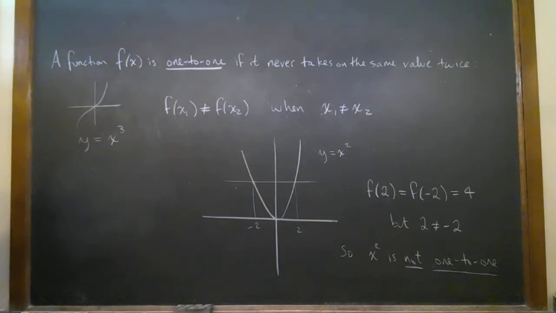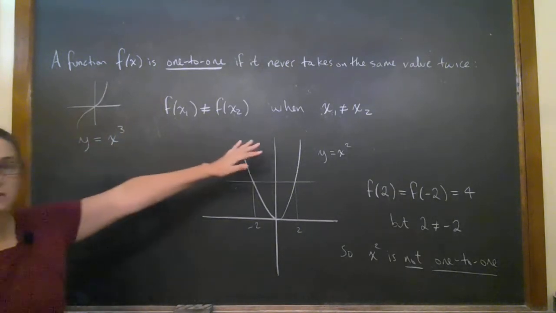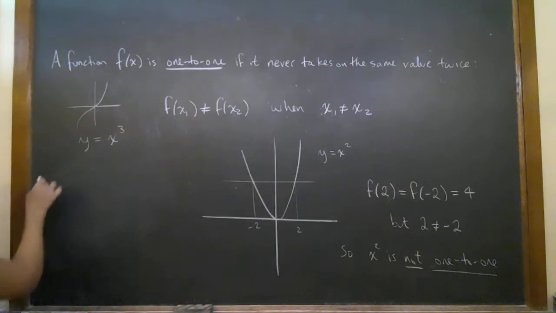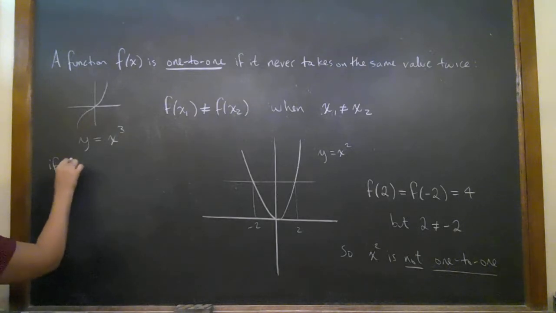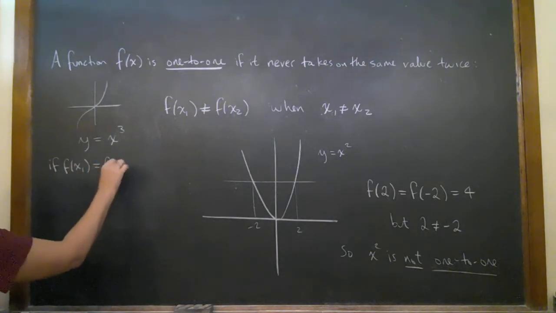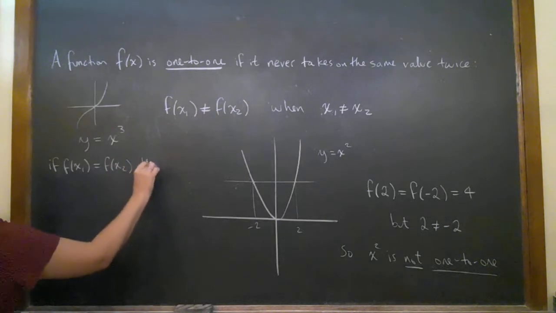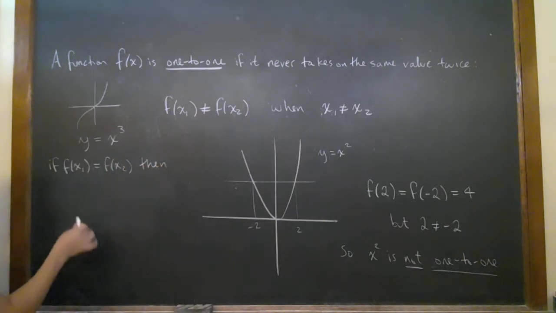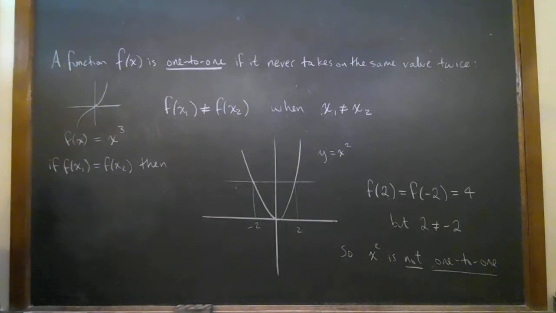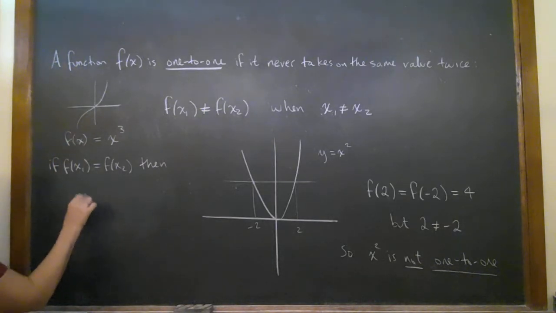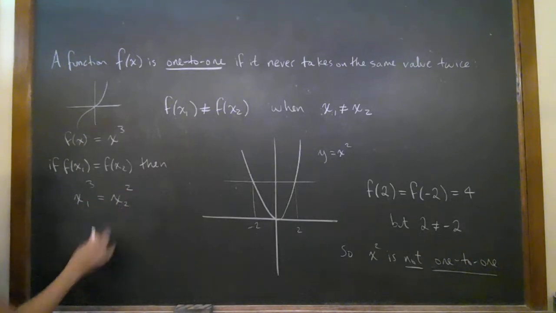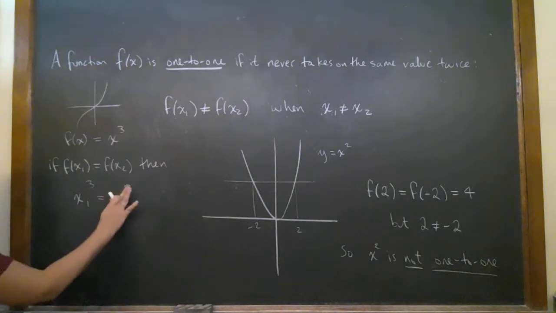What we can do is we can actually prove this statement very easily if we're just going to do if f of x1 equals f of x2, then, here we'll call it f of x, right? I should have written it this way. Sorry, guys. So I have got x1 cubed equals x2 cubed.